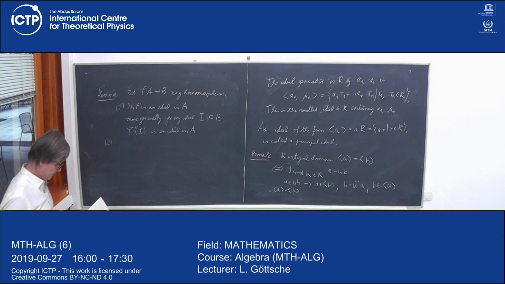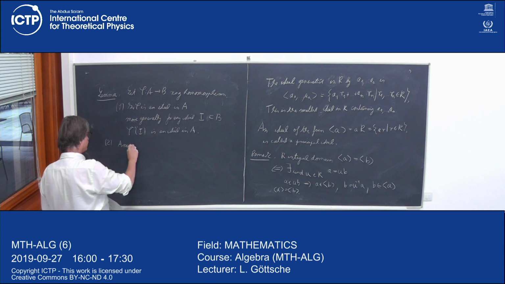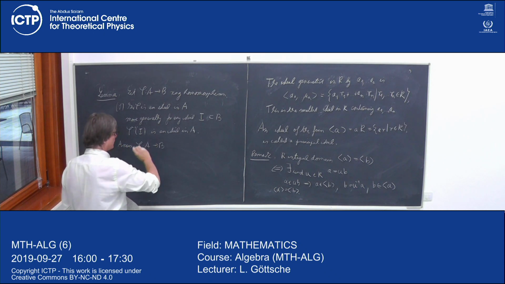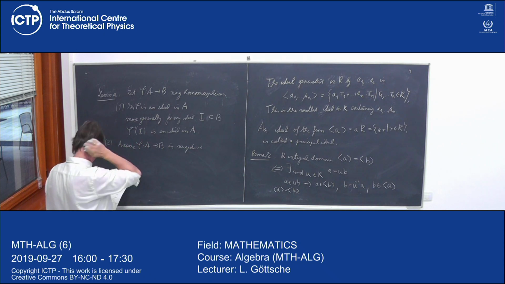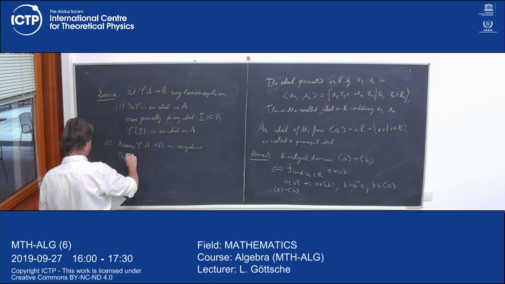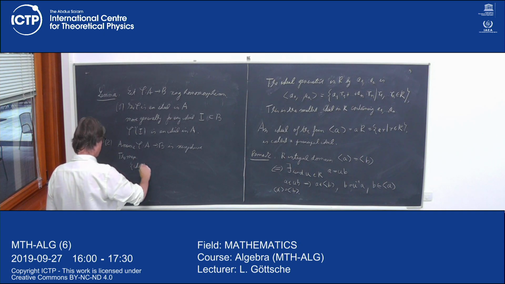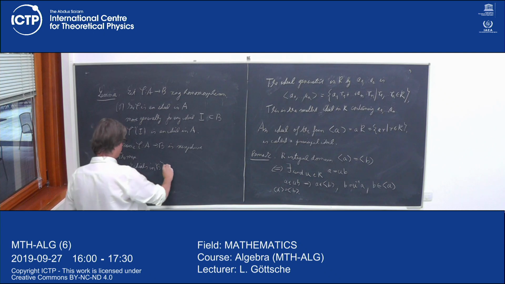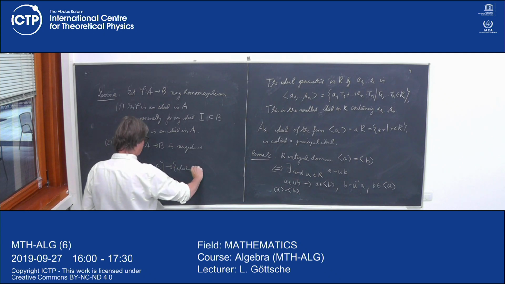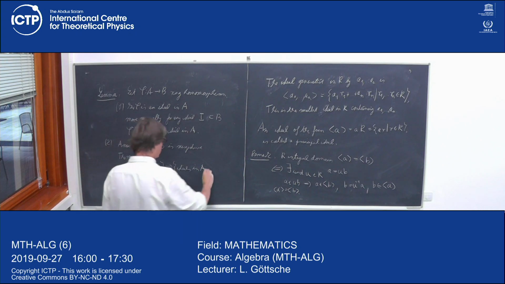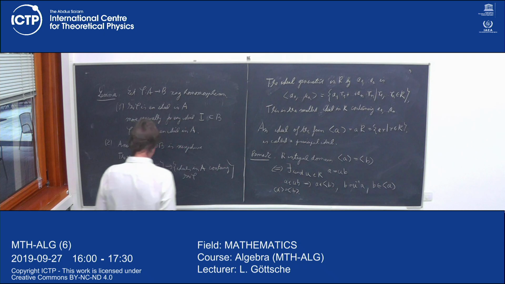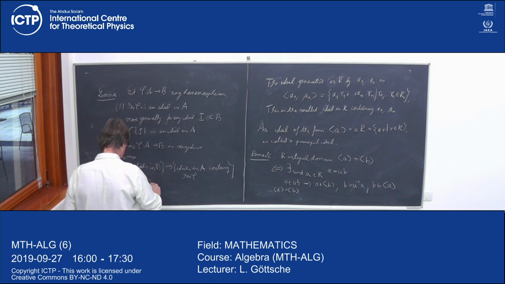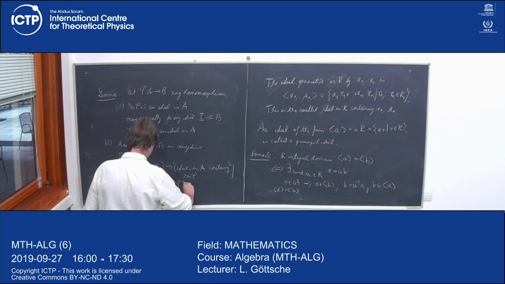And the other one is, as I said, assume phi from A to B is surjective, then the map from the ideals in B to the ideals in A which contain the kernel, which sends an ideal to its inverse image, is a bijection.